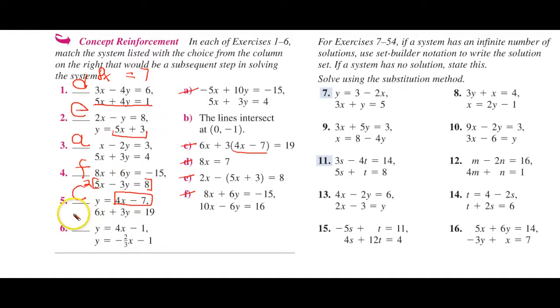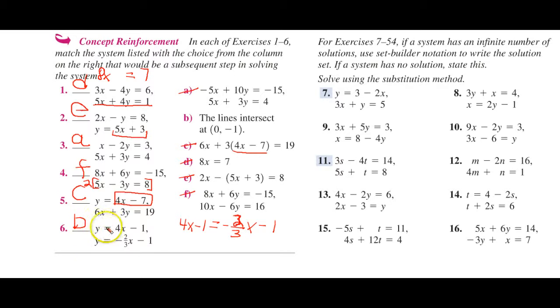Letter B happens to be, I guess, this one. But how to get that, I don't know. You'd have to solve it. But notice this is y equals y. So we could set this up as 4x minus 1 equals a negative 2/3 x minus 1.